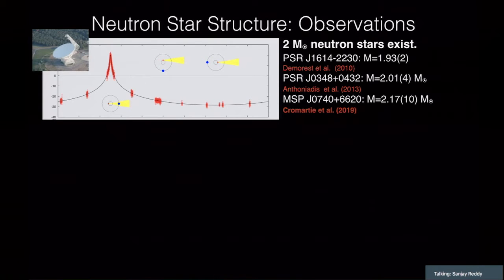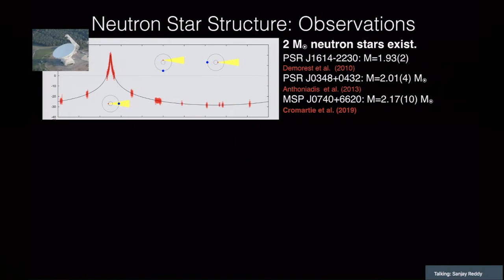The largest mass measured to date is this pulsar MSP J0740, for which the mass of the neutron star is 2.17 solar masses with an error bar of about 0.1. So this clearly shows that there are neutron stars whose masses are greater than 2 solar masses. And so that was one of the constraints we used to study the structure of neutron stars.